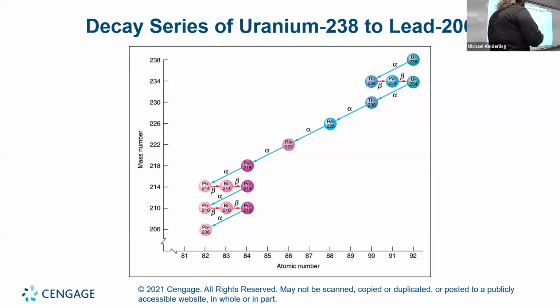Then polonium-218, then lead-214, then bismuth-214, then polonium-214, then lead-210, bismuth-210, polonium-210, and then finally lead-206. I don't remember all the names. So you generally get a sequence of beta and alpha decays, where the alpha decays move it down in mass, and the beta decays move it up in atomic number. And so you can end up sort of zigzagging down like this.